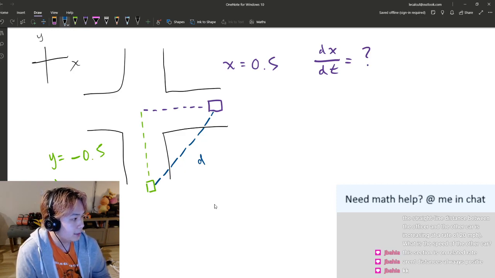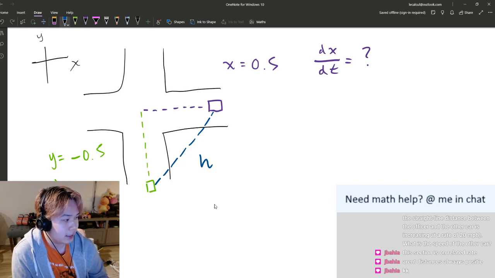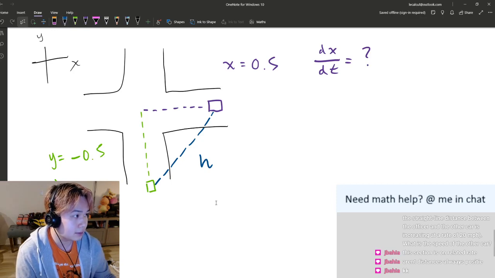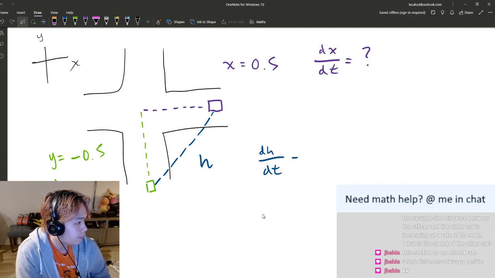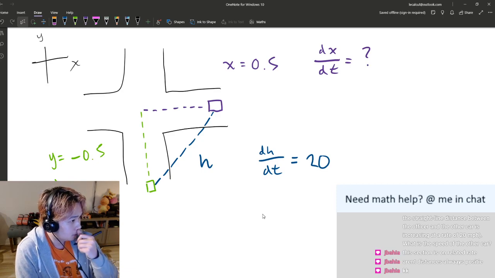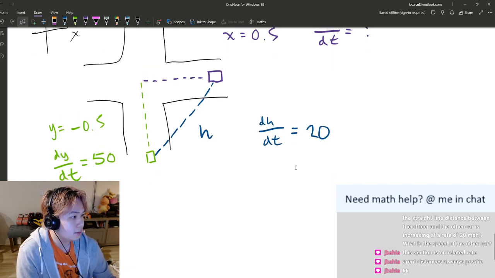Actually, I'm going to call it H because essentially it's the hypotenuse. I don't want to use D because it'll just be weird in a second. The radar gun says this guy's moving farther away, so the distance between the two cars is increasing at a rate of 20. And then the question says we need to find out this.